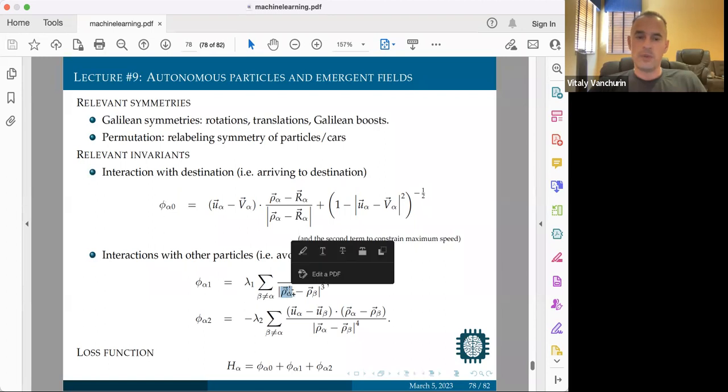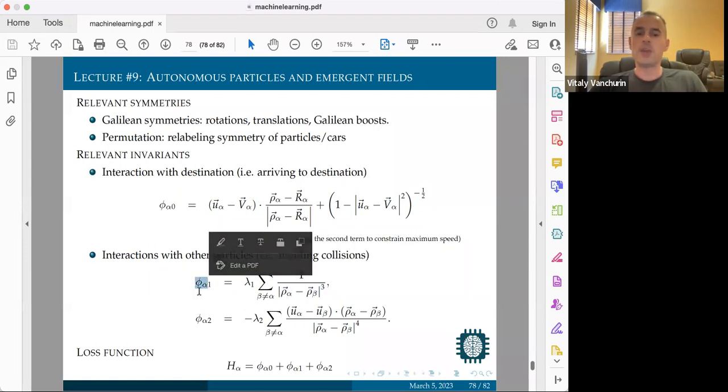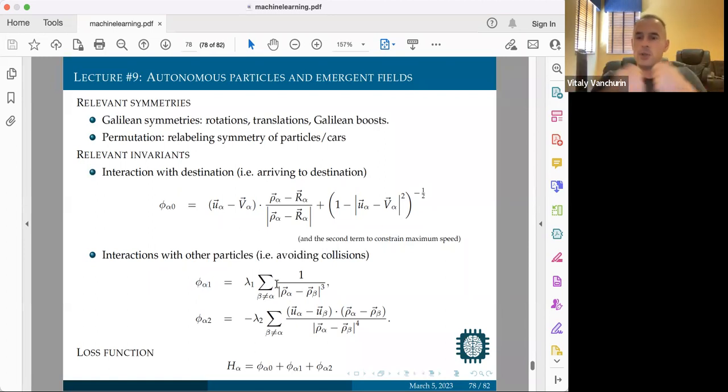So your car, at position rho alpha, has to avoid being at the same position as car beta, rho beta. When this goes to 0, this term blows up, becomes very, very large. And so you will see that this term will make sure that collisions are avoided. Cars should not come closer to one another.